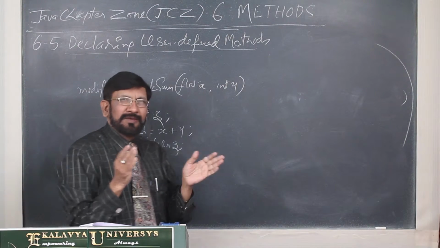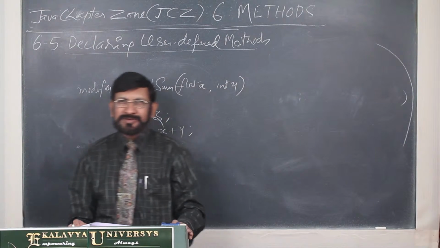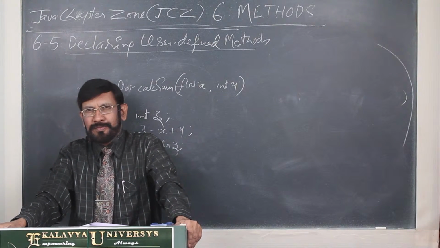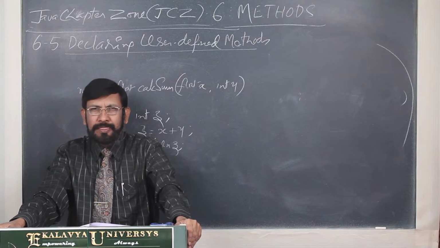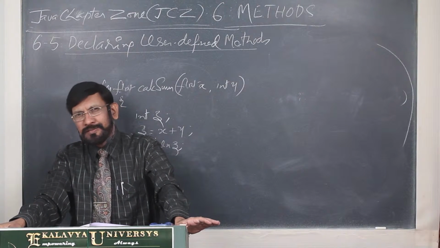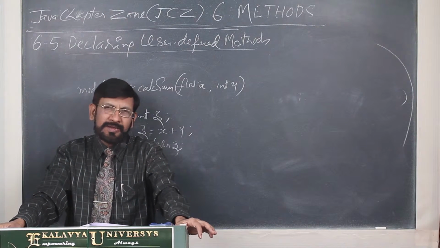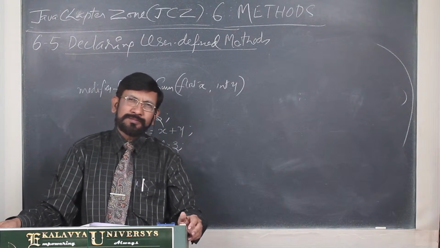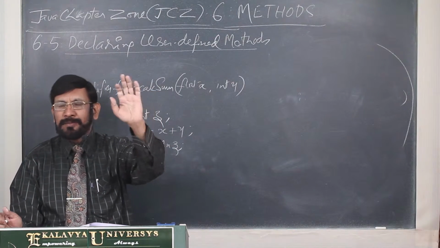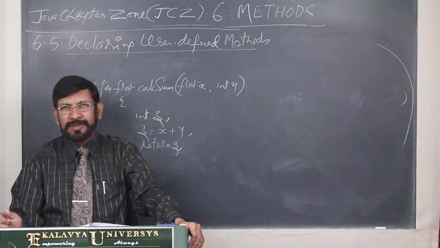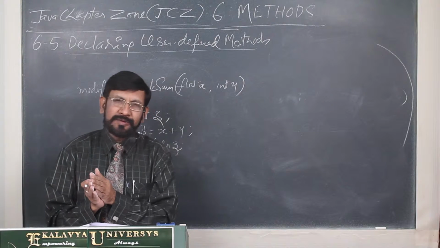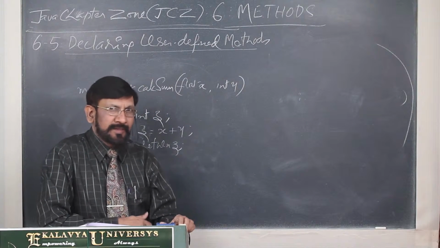Actually, from a real life angle, we can also understand what return type is. Somebody gives something to you. It may be liquid or it may be solid. It may be 1 kg, it may be 10 kgs. So if somebody gives you something, you should carry an appropriate container. Am I right? If it is liquid, you take one type of container. If it is solid, another type of container.